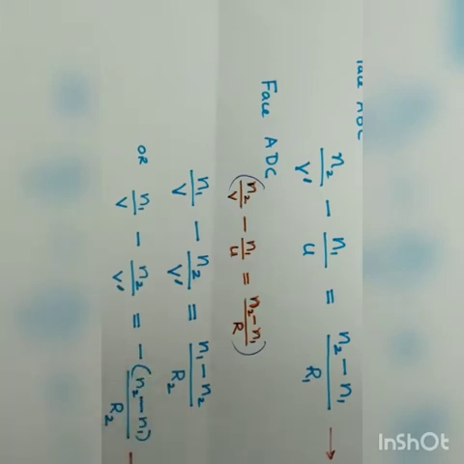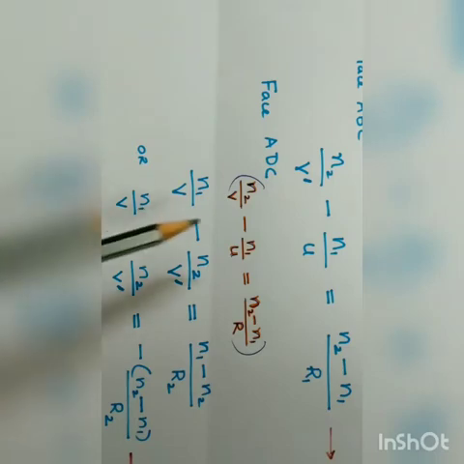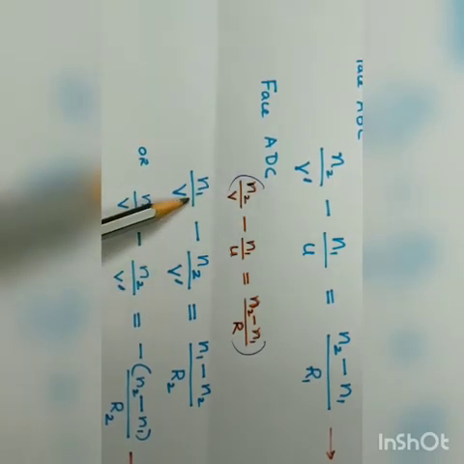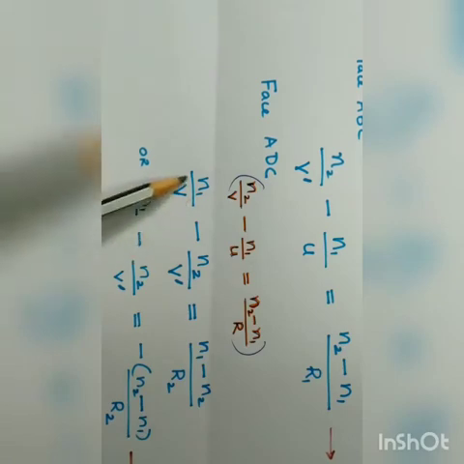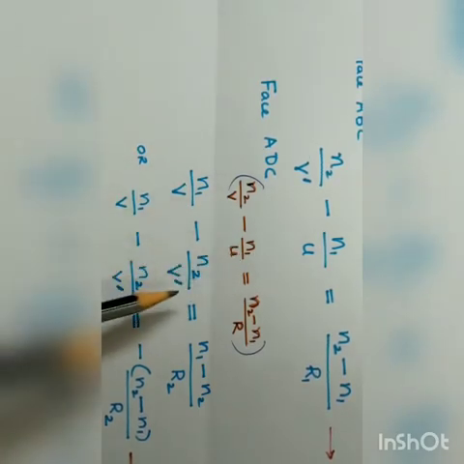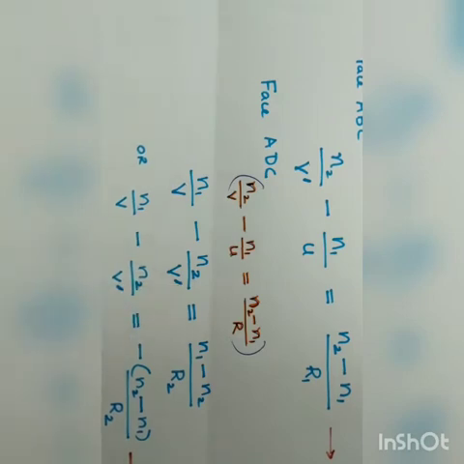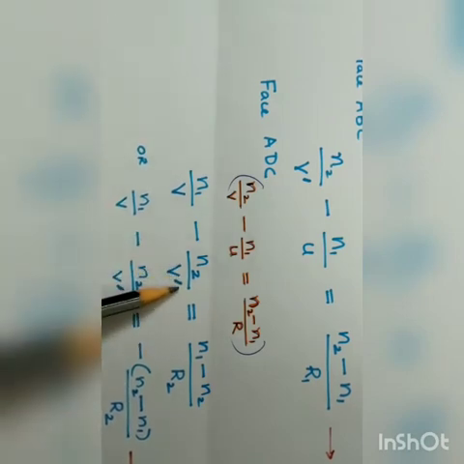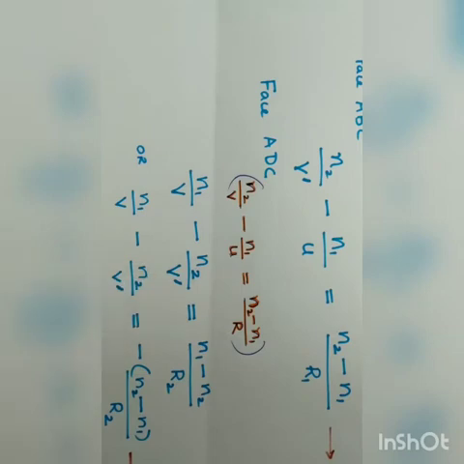And what about object distance and image distance? N2 by V: V becomes the final image distance, V itself. N1 by U, what about the object distance? I told you, it is the first one. The first image becomes the object for the second phase. The first image is the imaginary object for the second phase.